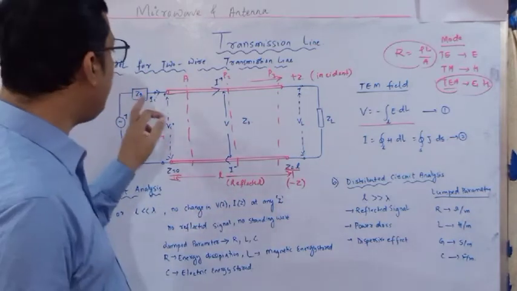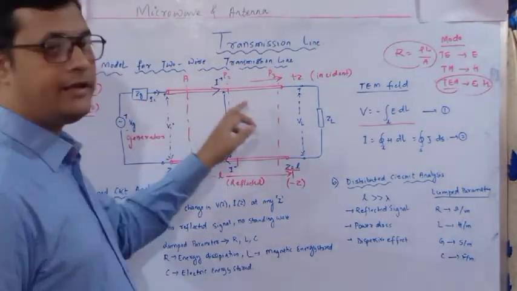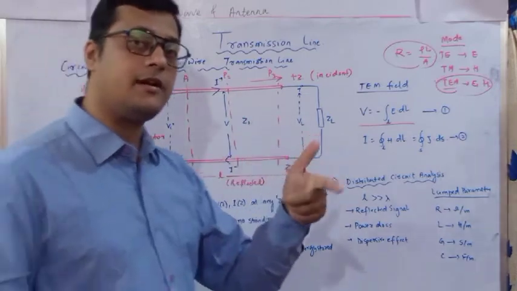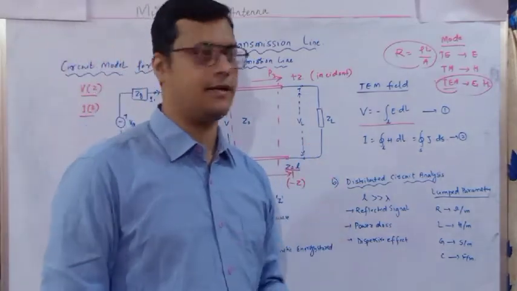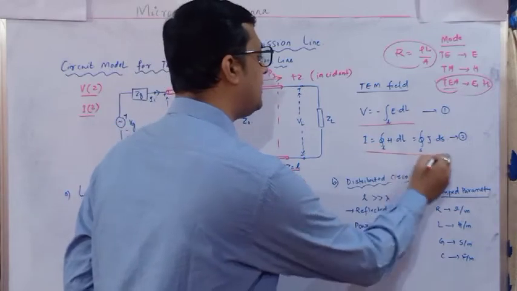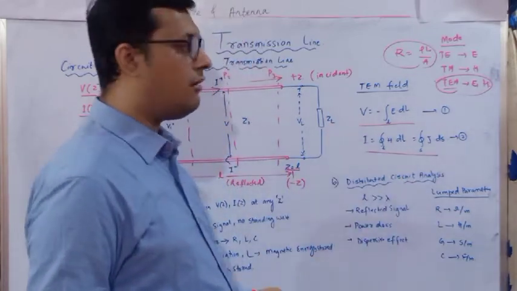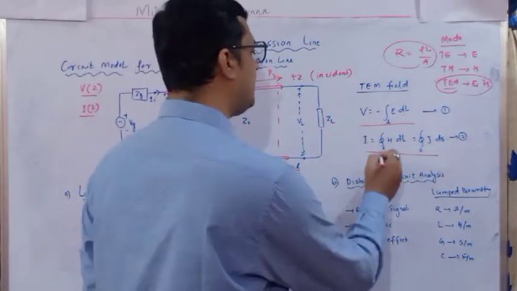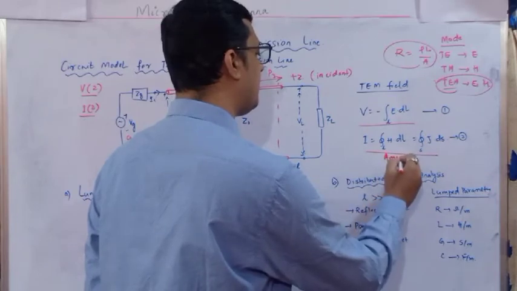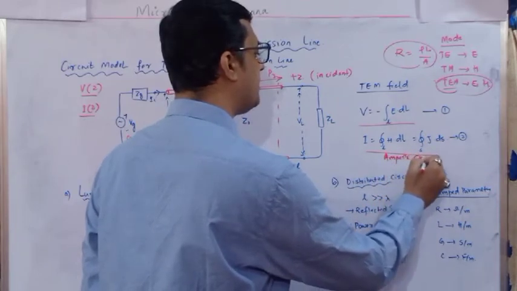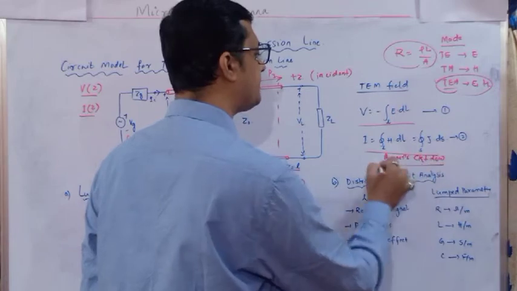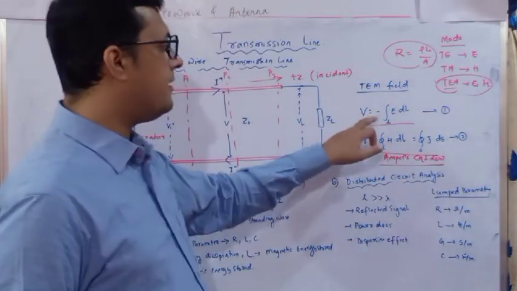Now when current flows due to the potential, due to the presence of current, magnetic fields are interrelated. So I will write I equals the integral of H dot dl, or J dot ds. This is nothing but Ampere's circuit law, and the other is the energy conservation law.